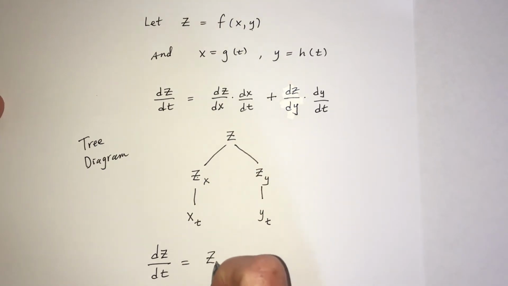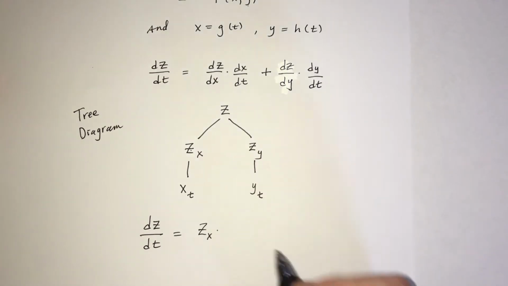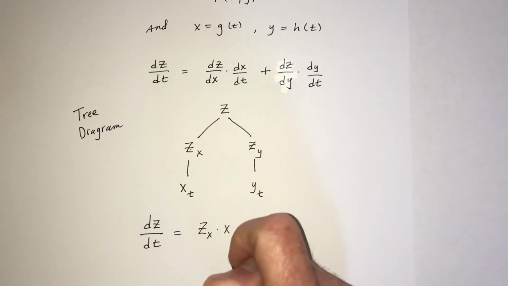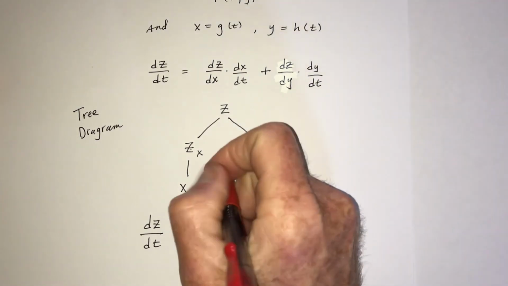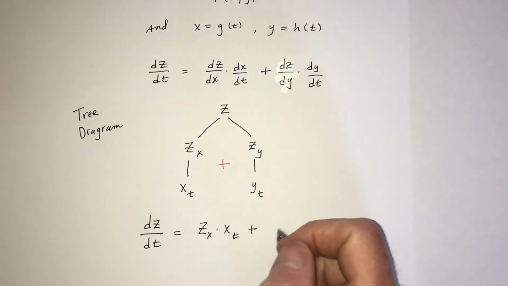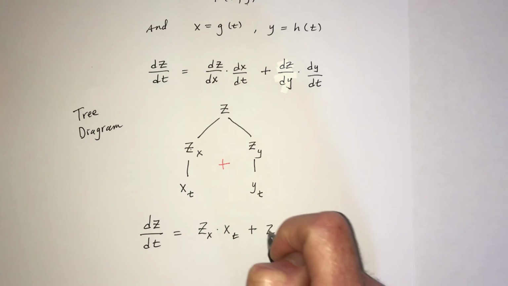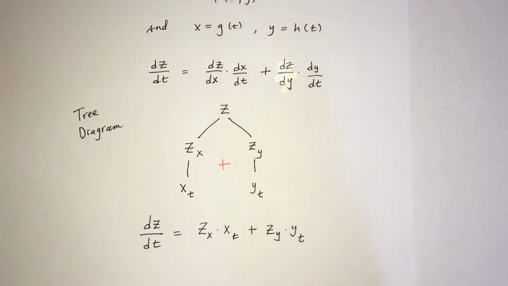The derivative with respect to x, and then the derivative of x with respect to t, plus, so there's a big plus in here, the derivative of z with respect to y, and then the derivative of y with respect to t.